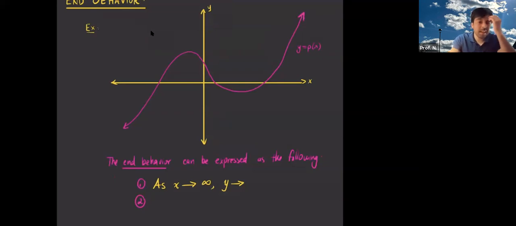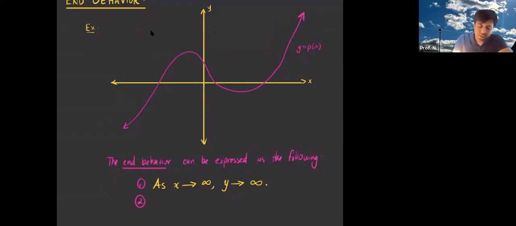Yes, Chen. So when we say increase, we're increasing to what value? Well, this value is not really specified, but we know it gets increasingly larger and larger, and we call it infinity. That's the first statement for our end behavior. As x approaches infinity, y approaches infinity.